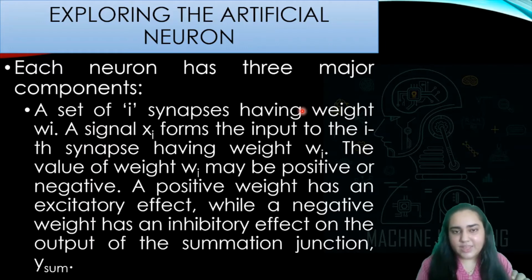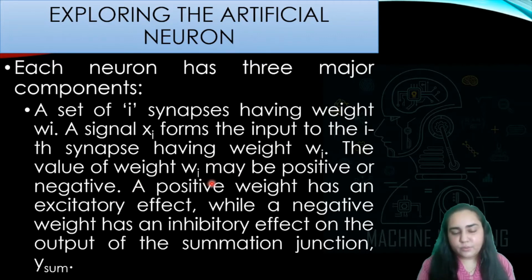Synapses are the gaps between the axon of one neuron and the dendrite of another neuron. So in this case, an artificial neuron has i synapses having weight wi. The weight is just a function that is attached. And there's also signal xi, which forms the input to the i-th synapse, having weight wi.